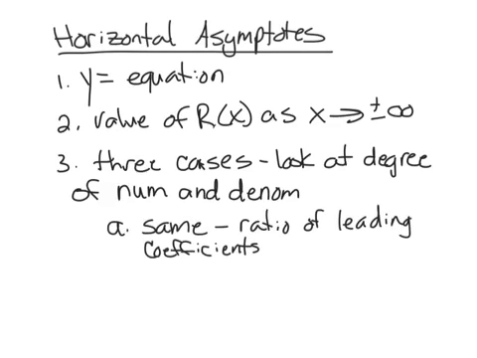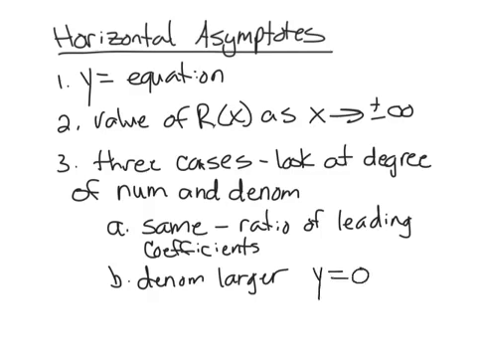If the degrees are the same, that means for very large numbers, everything is going to divide away except the leading coefficients. So the horizontal asymptote is just the ratio of the leading coefficients. And then if the denominator is larger, that means the denominator is going to get increasingly bigger compared to the numerator, which means the entire function will approach 0.